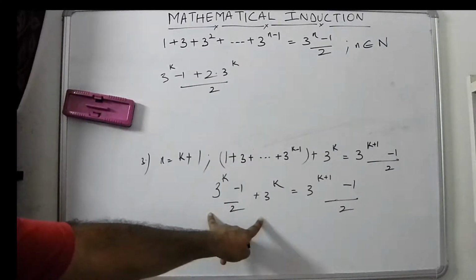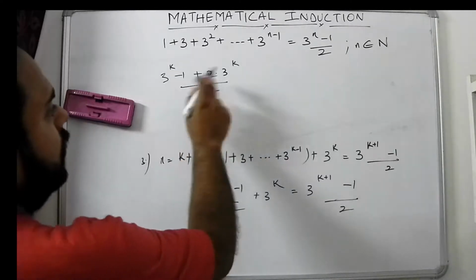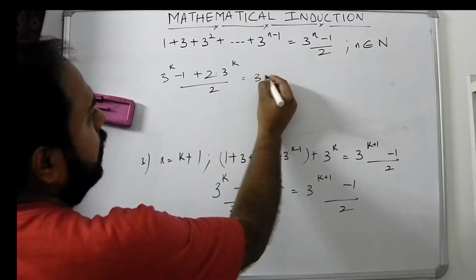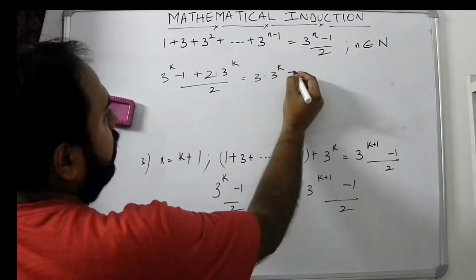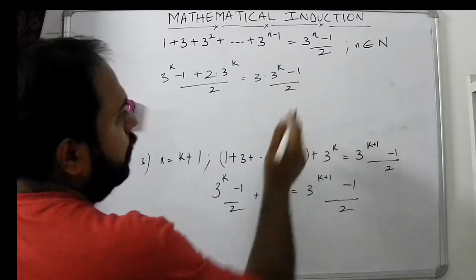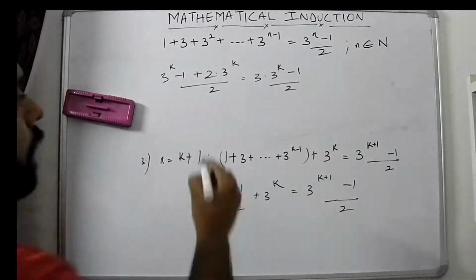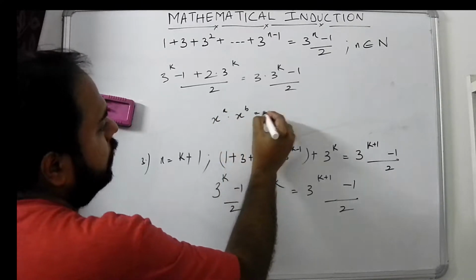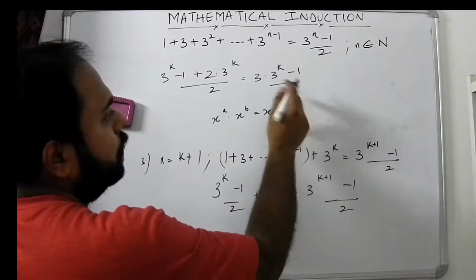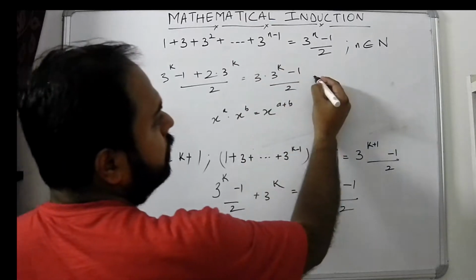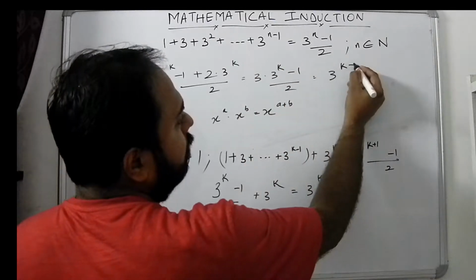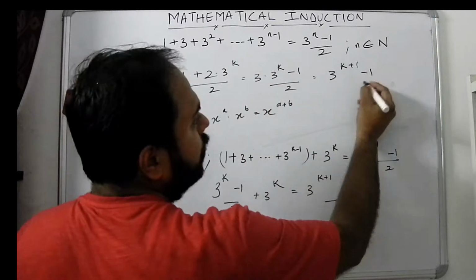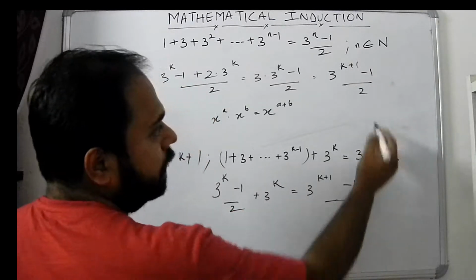This is the LHS. I am just taking the LCM. So this is nothing but, since 2 plus 1 is equal to 3, 3 into 3 to the power k minus 1, whole divided by 2. So I know that x to the power a into x to the power b is equal to x to the power (a plus b). Here x is 3, so it becomes (3 to the power (k plus 1) minus 1) whole divided by 2, which is nothing but the same as here, right?